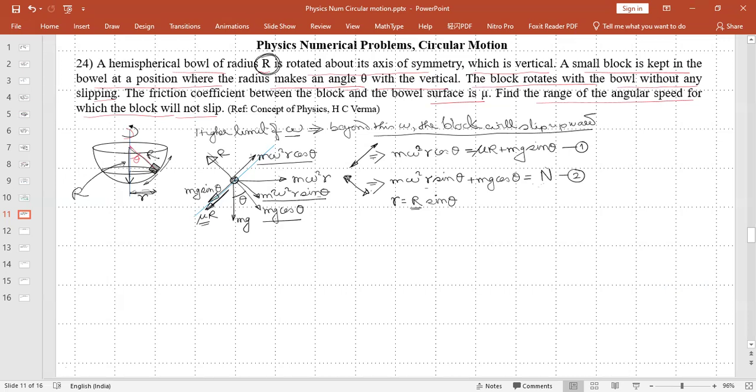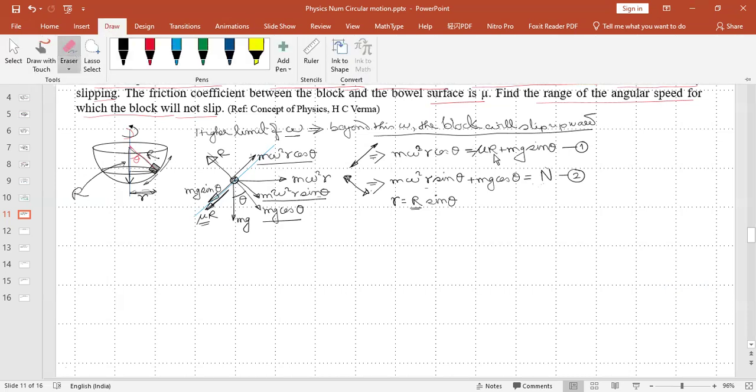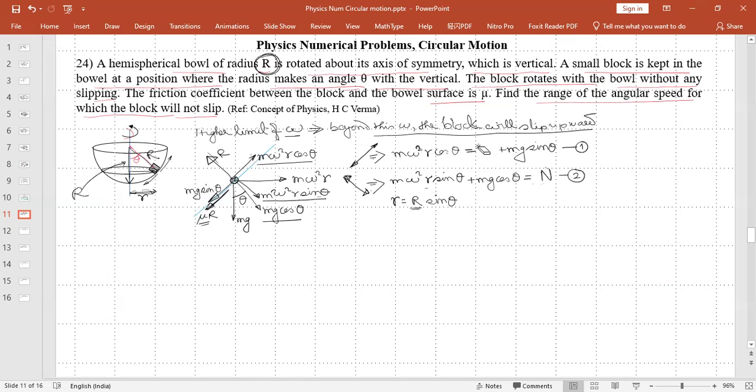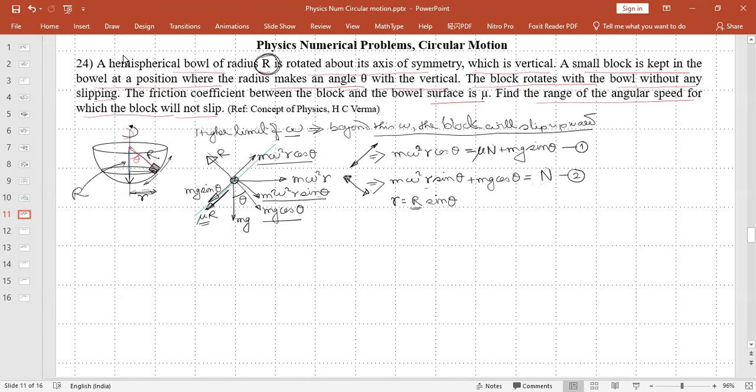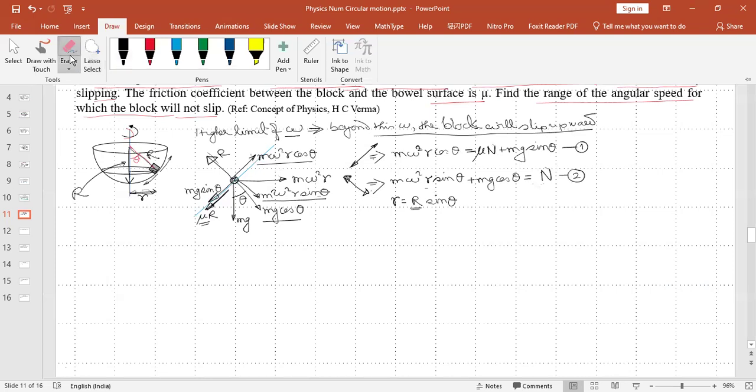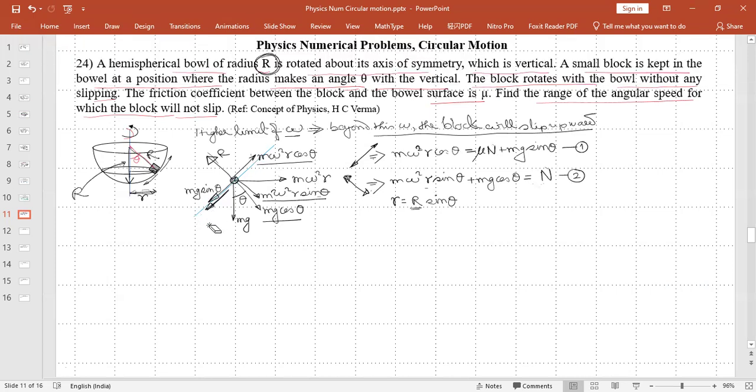And in that case, I should change this also to mu n, and this also as mu n.